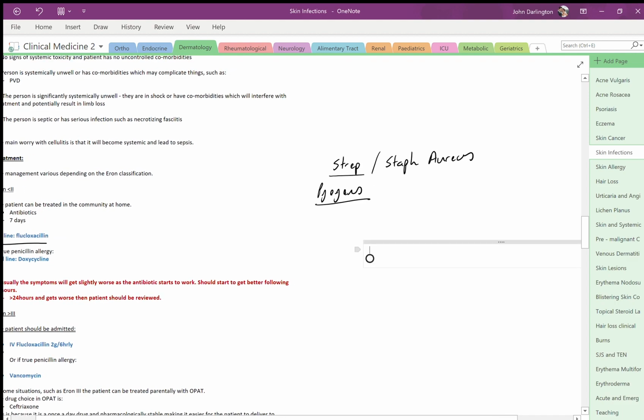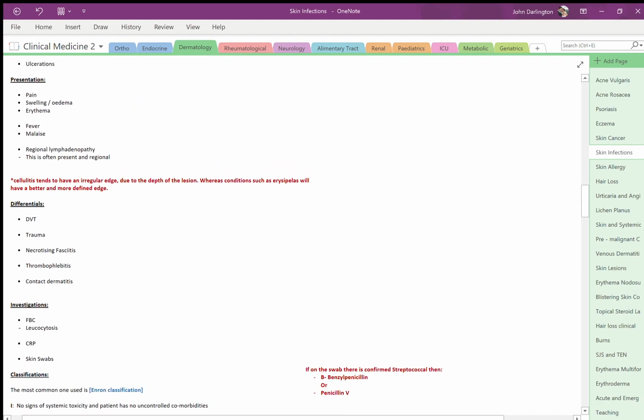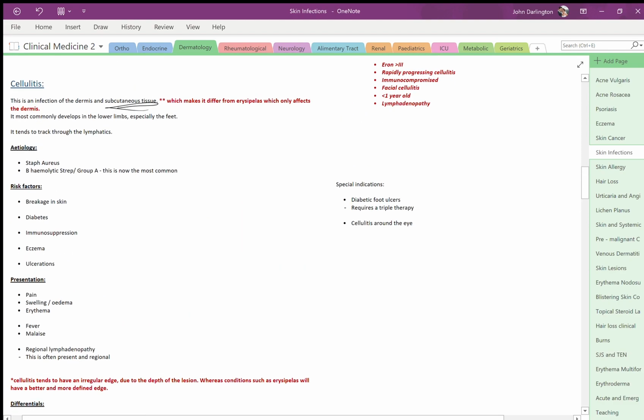Now, when you give antibiotics, you're giving the antibiotics towards the most likely pathogen to be causing the issue. So as I've written up here, the most likely pathogens to cause cellulitis are Staph aureus or beta-hemolytic strep or group A. Remember I was talking about those groups, here it is right here.